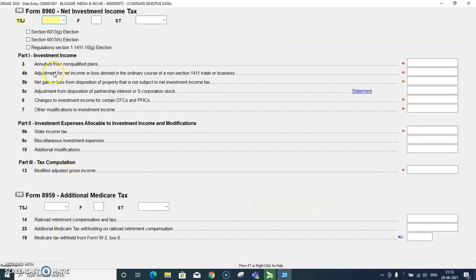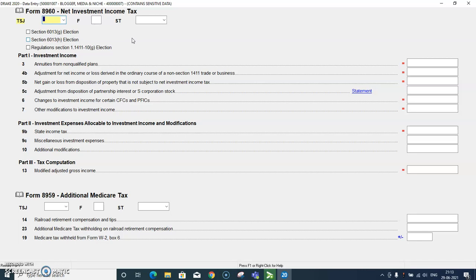So guys, this is Form 8960, net investment income tax. If the threshold limit is exceeded, only then will Form 8960 generate in your tax return, otherwise not. Whatever information you report, if it doesn't exceed the threshold, then it will not appear in the federal tax return.